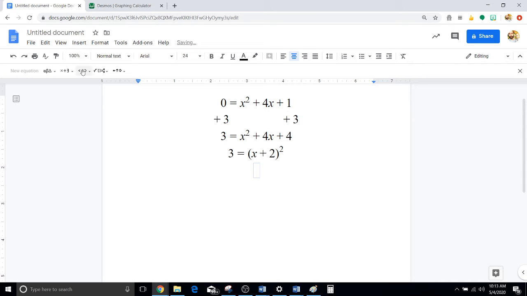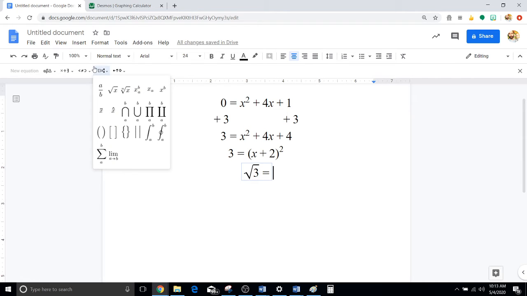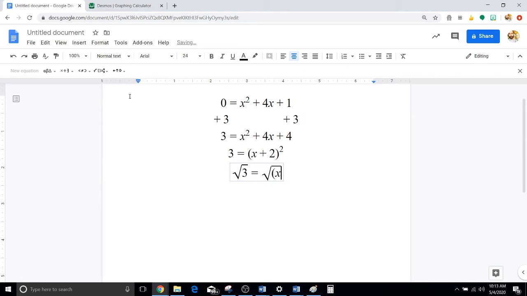On the left side, we have the square root of 3, equal to the square root of x plus 2 squared. The square root and the squared cancel out, leaving us with just x plus 2. But something I might have forgotten to mention is that anytime we square root a number, we need to put a plus or minus in front of it.